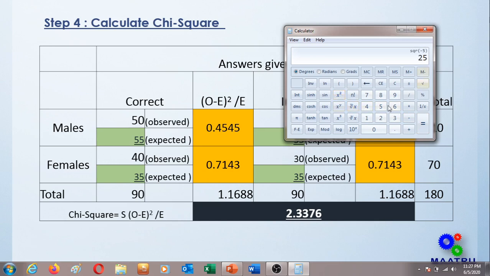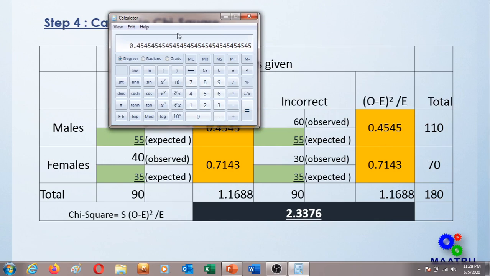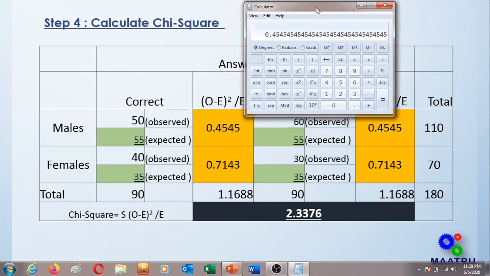Square of minus 5 is 25, divided by expected value 55. That is 0.4545. We have taken four digits, 0.4545.